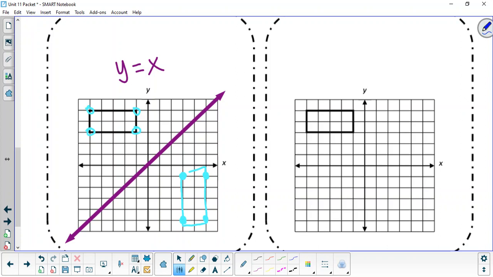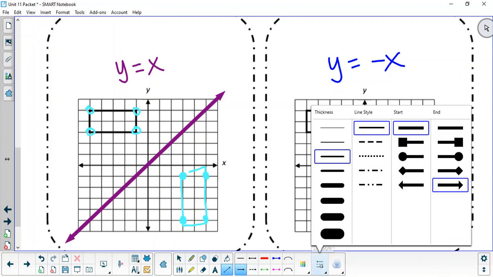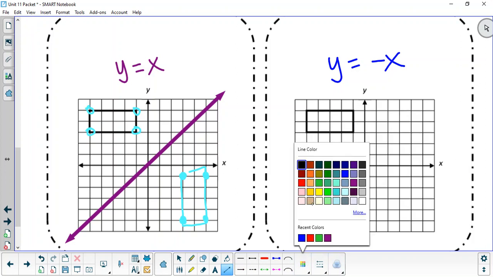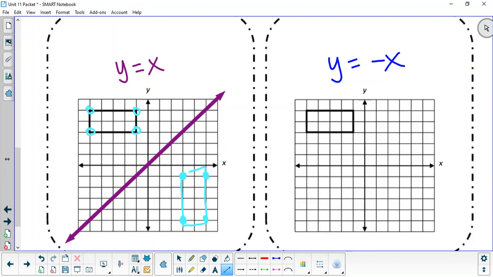Alright, the last one we're going to talk about is y equals negative x. Let me get my line. So y equals negative x is a negative diagonal line. Negative slope, remembering back in Algebra 1, goes through the origin.